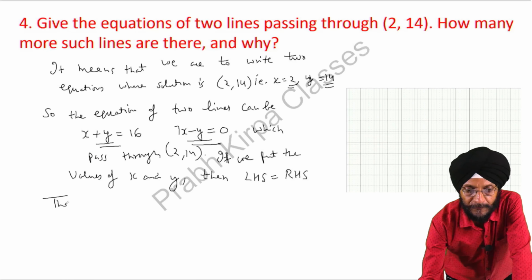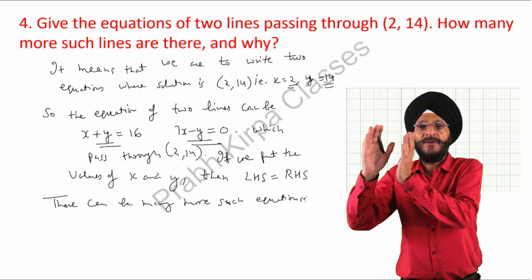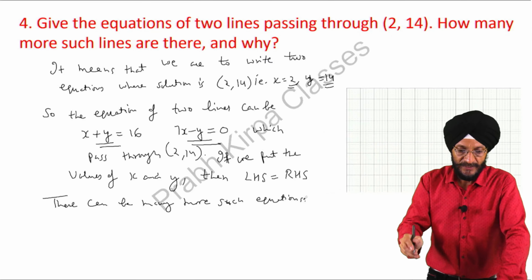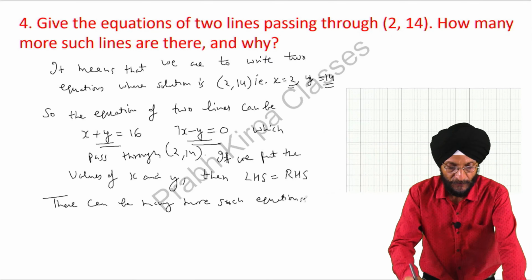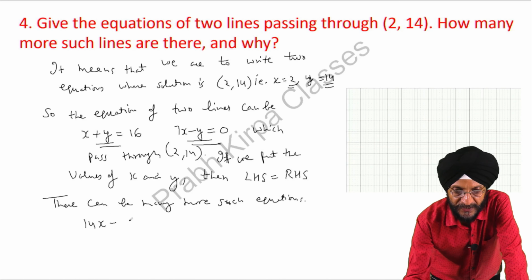There can be many more such equations which can have the value of x equal to 2 and the value of y as 14. For example, it can be 14x minus 2y is equal to 0.